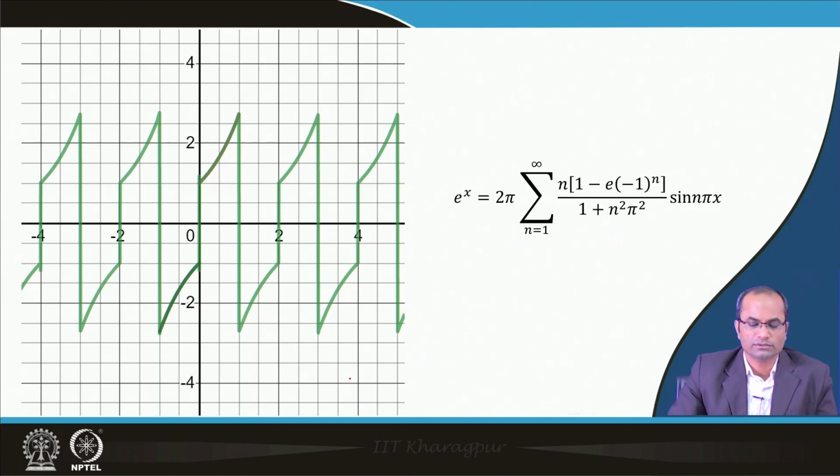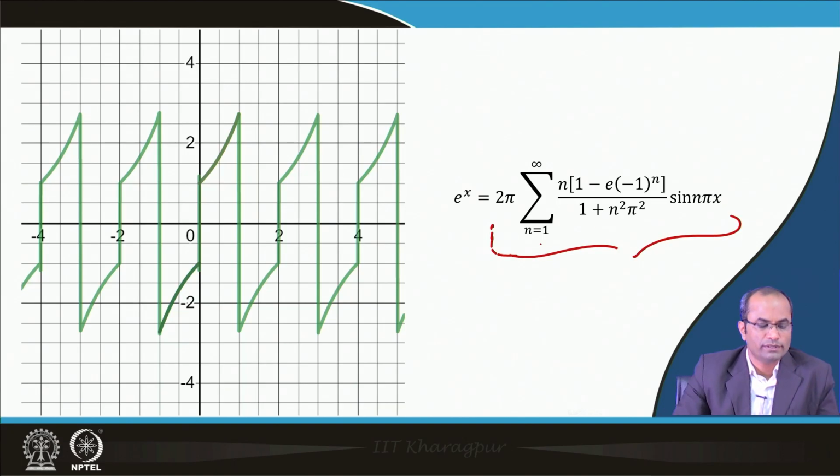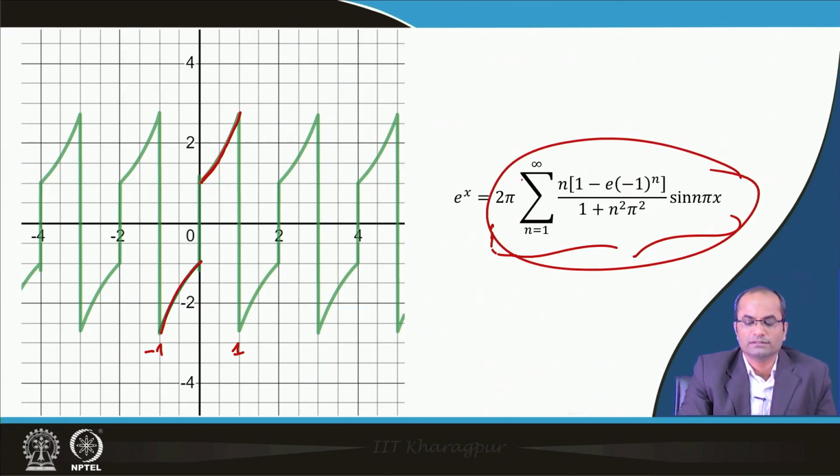Just to plot this, this is the sine series we have just evaluated and constructed. This was our function e power x, and you remember the extension was done such that as a whole from -1 to 1 the function becomes an odd function. And now, if we plot this sine series for the whole range of R, we will have this structure again, this one, and it will converge to something like this.